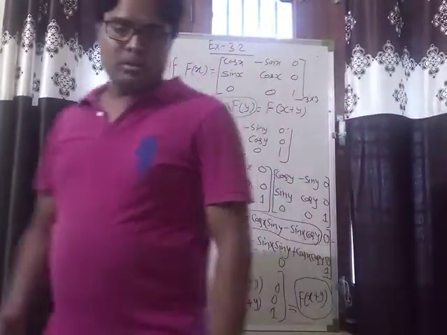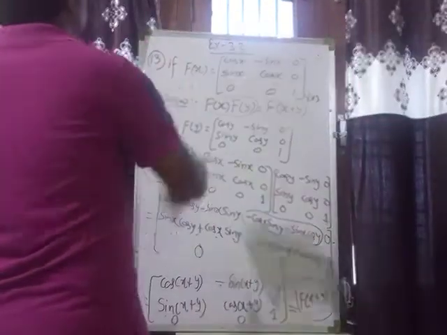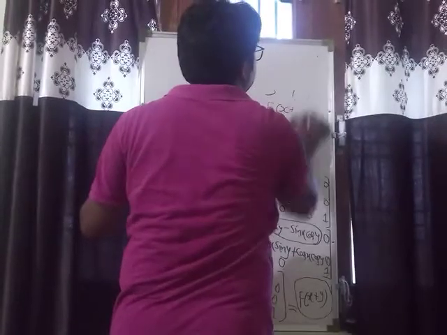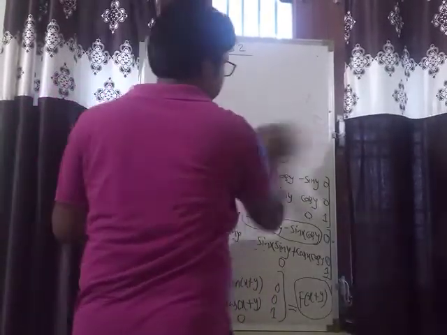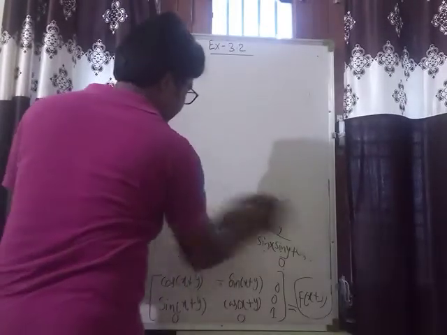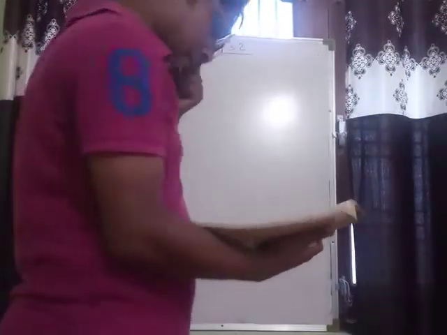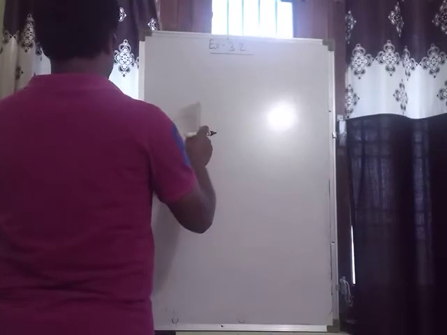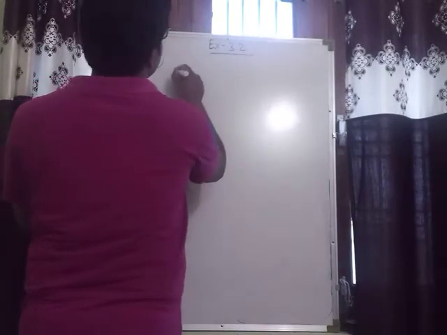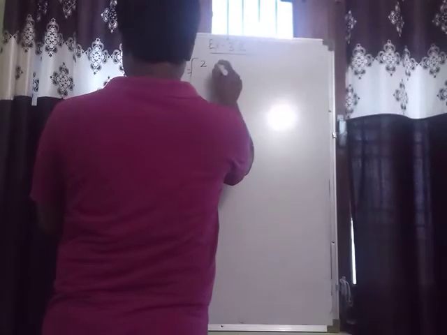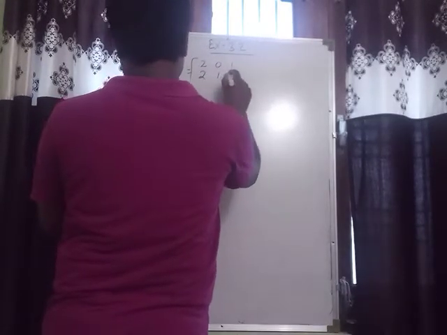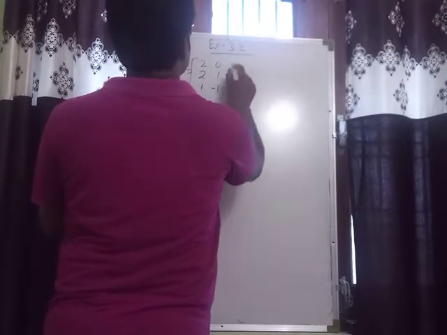Now read question number 15. Question number 15 is: a matrix A is given, that is 2, 0, 1, 2, 1, 3, 1, minus 1, 0.